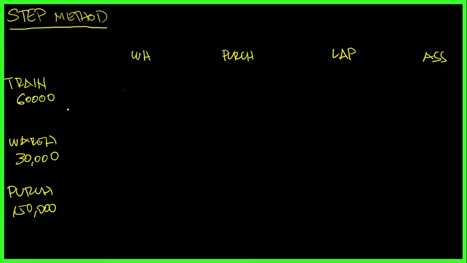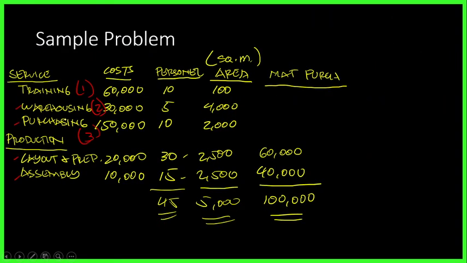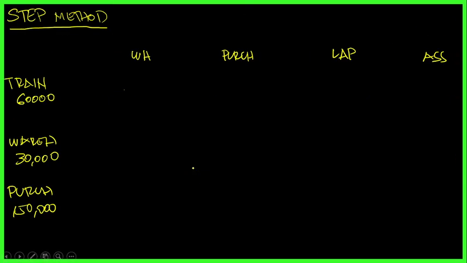Now, for training, again, our assumption earlier is that this will be allocated using the number of personnel. So for warehouse, purchasing, and the other two, you have 5, 10, 30, and 15. If you add that, 45 plus 5 plus 10, you have 60. So that will now be your ratio. 60 is the total number of personnel.